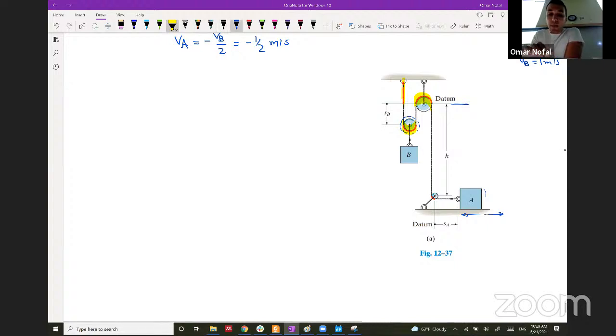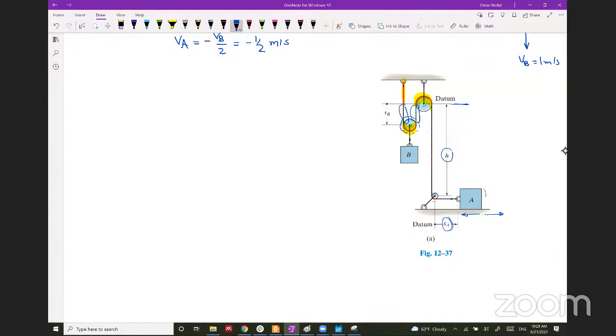So you will have SP is variable and you have two of them. You have another, you have one here and one there. And you know that this part is variable. So you know that SA is variable as well. If the body A is moving backward or forward, the SA will change. How about H? Does anybody know if H is a variable or a constant in the rope lengths? Anybody can answer.